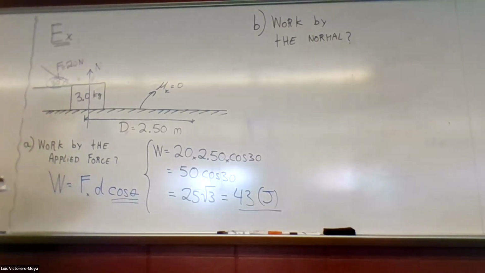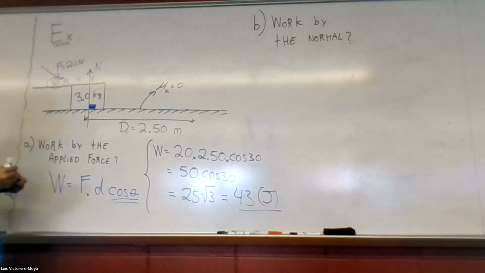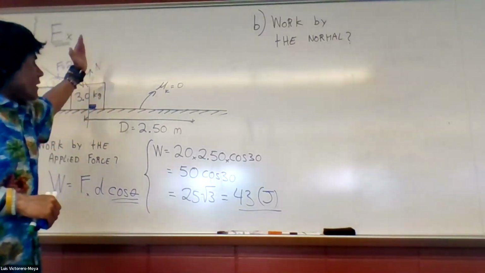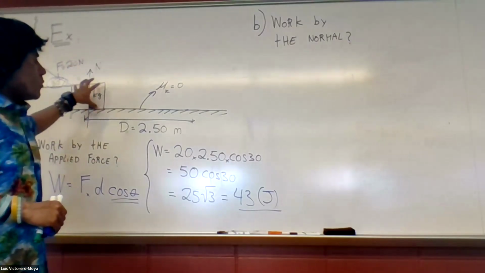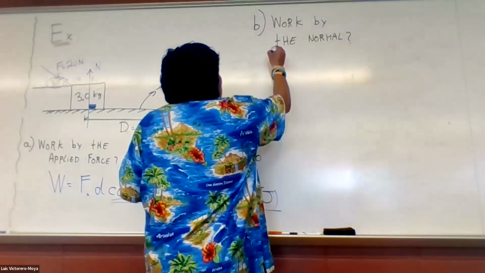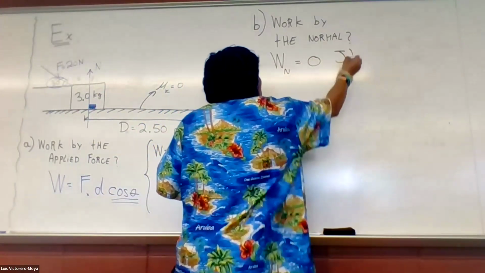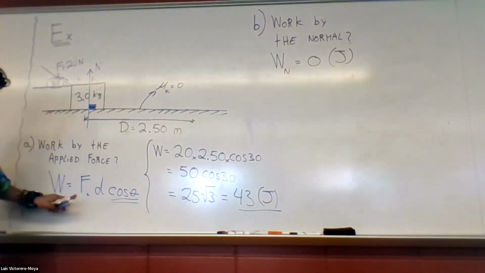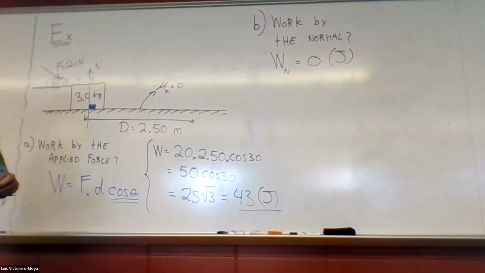But the normal is perpendicular to the ground. So there are two ways that you can think about this. The normal is not producing any work because the mass is moving horizontally. So the work by the normal force is 0 joules. The other way you can think about it is by using this. Normal times this, cosine of theta, cosine of 90 is 0, so 0.